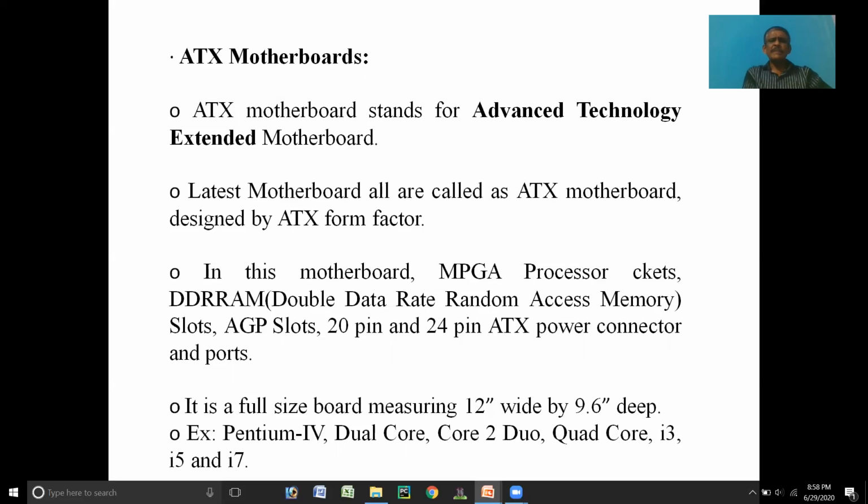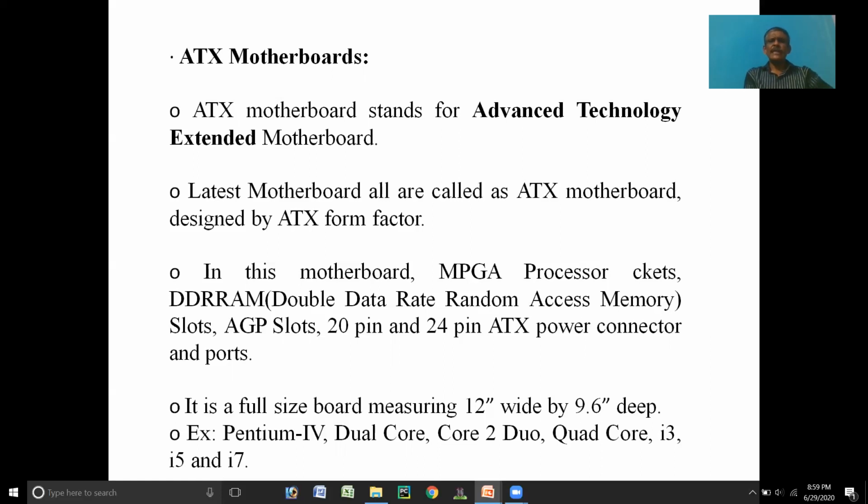These ATX motherboards contain MPGA processor sockets, DDR RAM slots. Here DDR RAM stands for double data rate random access memory.